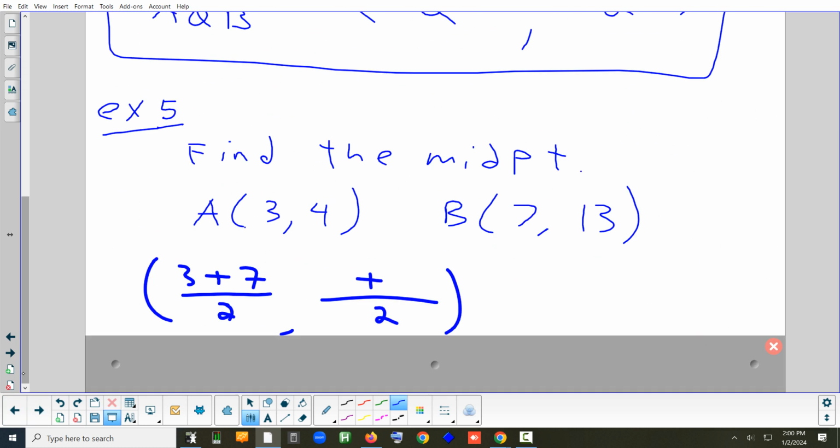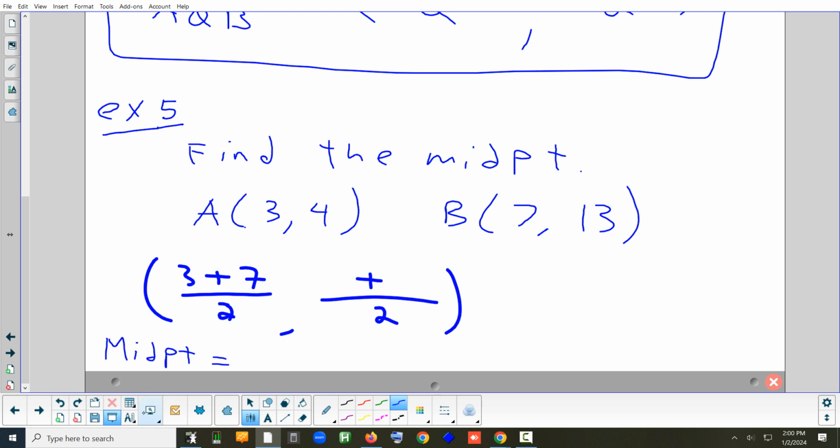Okay, so we got that. And what about the numerator of the second fraction? 4 plus 13. Okay, and now let's simplify it. 3 plus 7, and then divide by 2. That's 5.